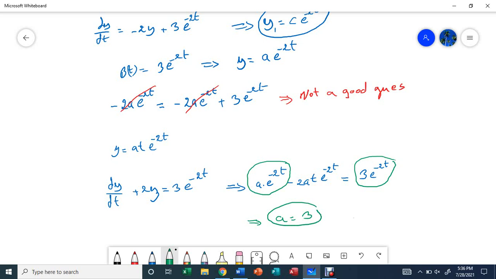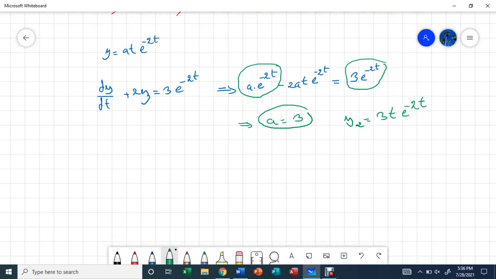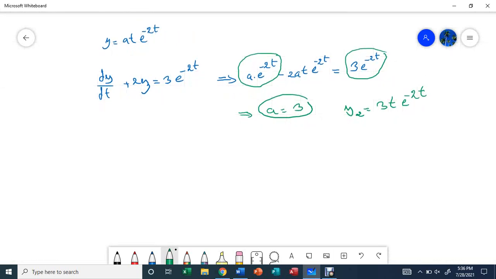So now my y2 is 3t e to negative 2t, and my general solution is the same thing, y equals y1 plus y2, which is c e to negative 2t plus 3t times e to negative 2t.